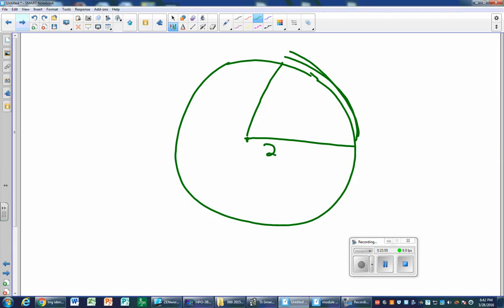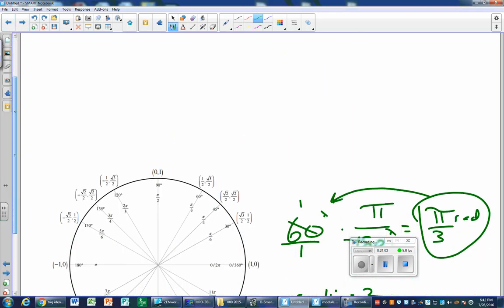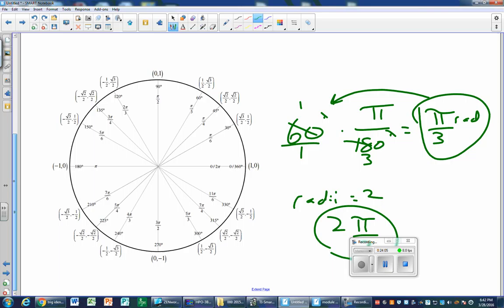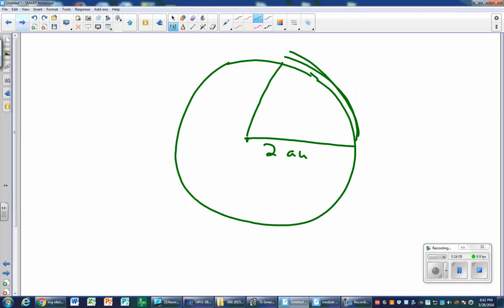Well, I said that this was 2 astronomical units, 2 AU. And so we know from our previous calculations down here that it is 2 pi over 3. This is 2 pi over 3 astronomical units.